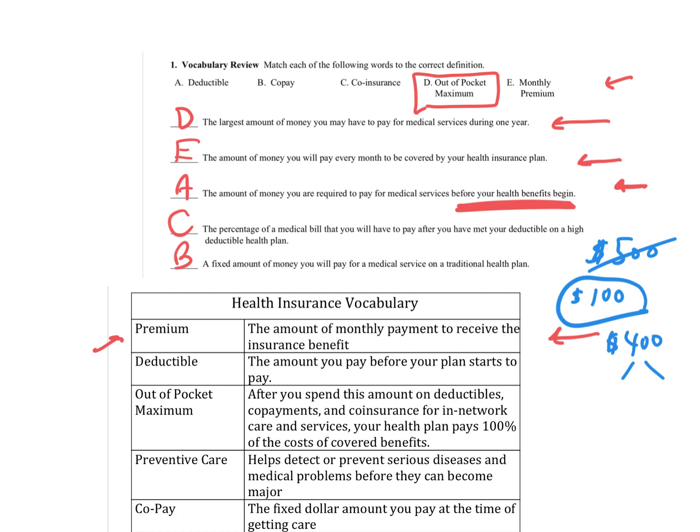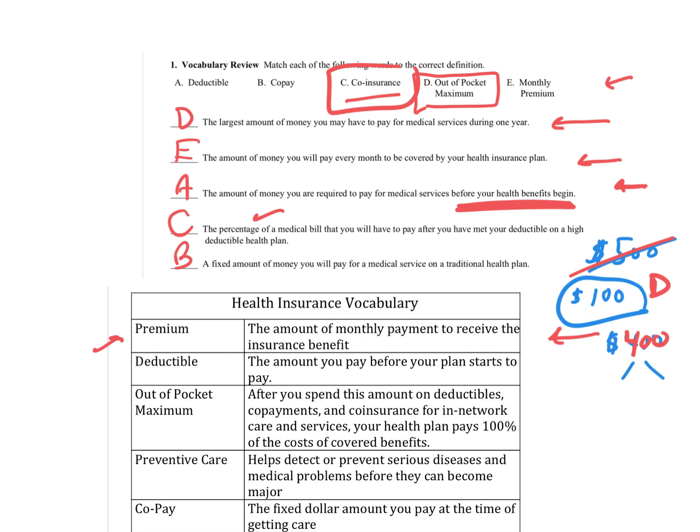What happens is the percentage of your medical bill that you have to pay is known as your coinsurance. So in this previous example, if you have a $100 deductible on a $500 medical bill, you have to pay the $100 first, and then your coinsurance is the percentage that you have to pay once you met your deductible.